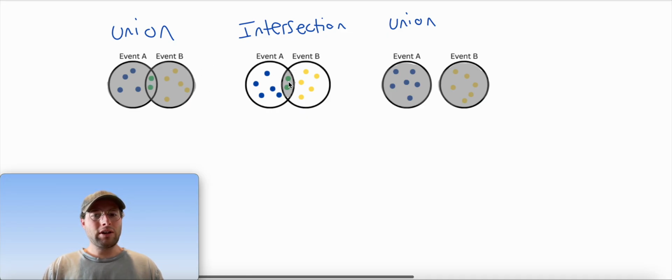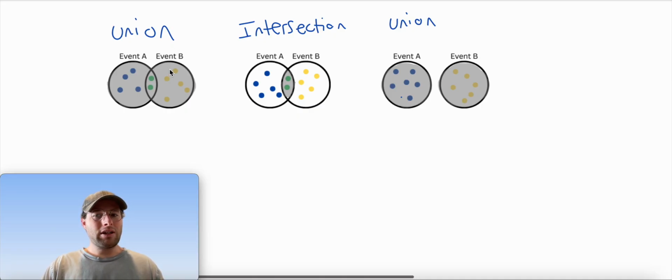Alright, so let's look at the next one where we see the intersection of the two events. The intersection is only the outcomes that are shared by both event A and event B. And then the union we see here is the outcomes from event A and the outcomes from event B. Let's notice that both of these are unions, this one and this one.